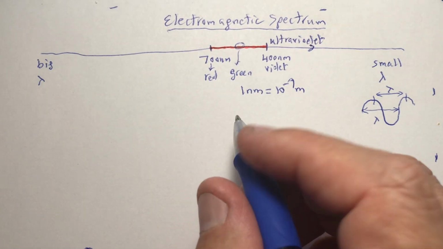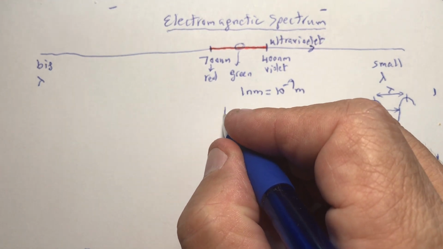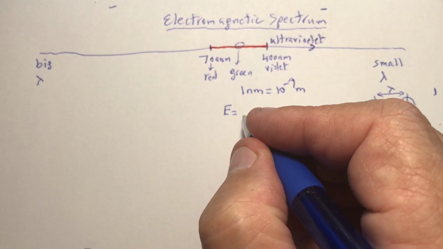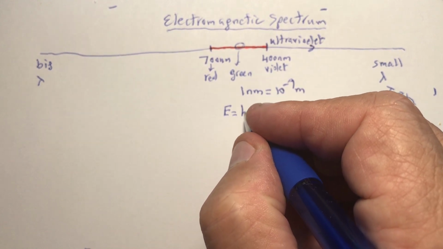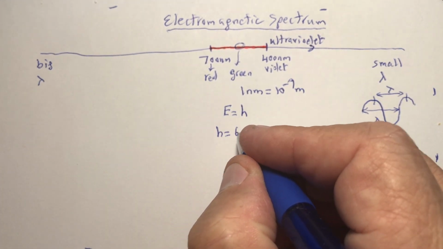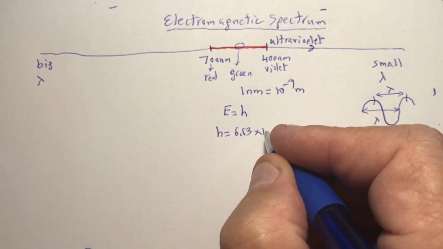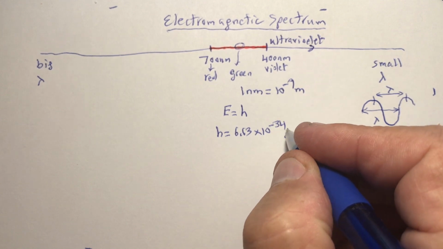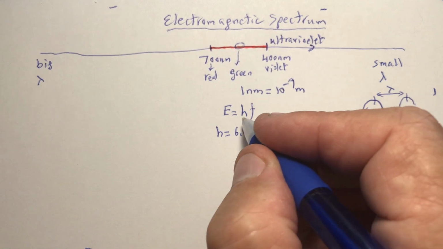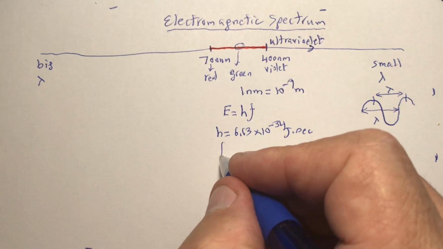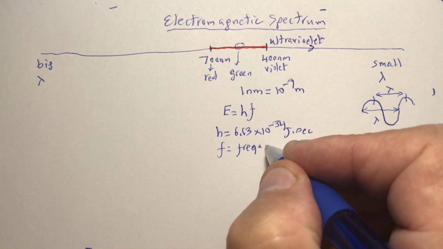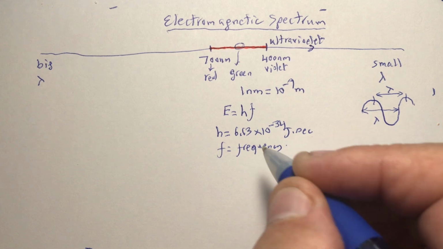You should know that the energy of electromagnetic radiation is equal to the Planck constant times the frequency. H is equal to 6.63 times 10 to minus 34 joule second. And f is just the frequency of that light. So that's the energy.